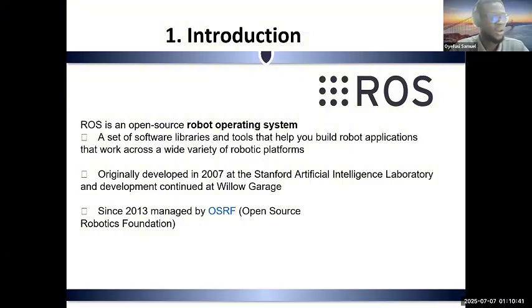ROS is actually a set of libraries to build robot applications across a wide range of robotic platforms. It was originally developed in 2007 at the Stanford Artificial Intelligence Laboratory, and development continued at Willow Garage. I think they gave it the name ROS just for marketing, so that people can use it. It's not a language. It's not a simple software. It's actually a middleware. That's the main point I wanted to point out.